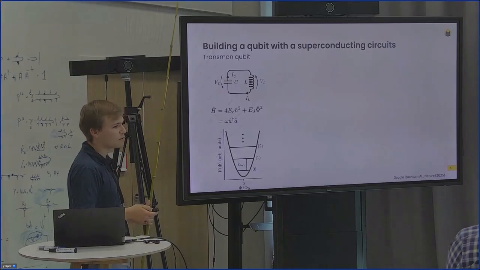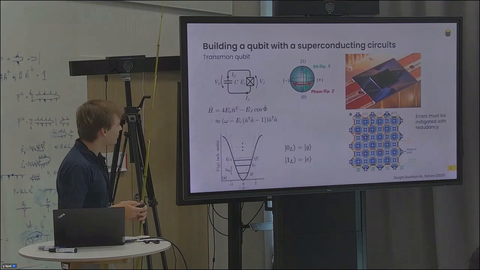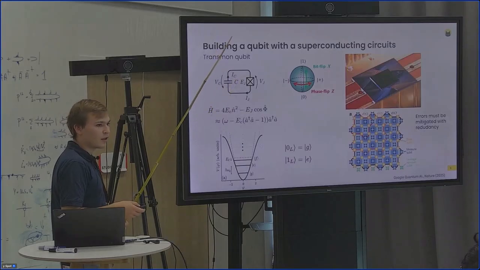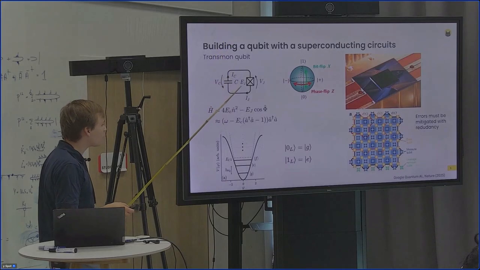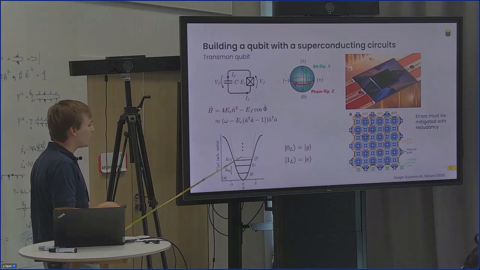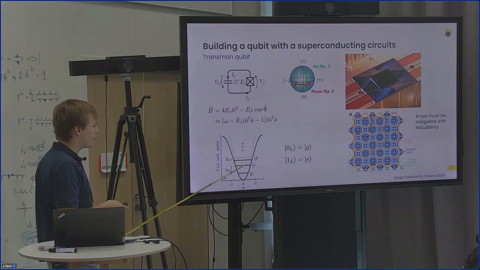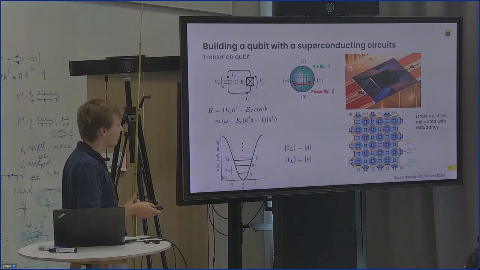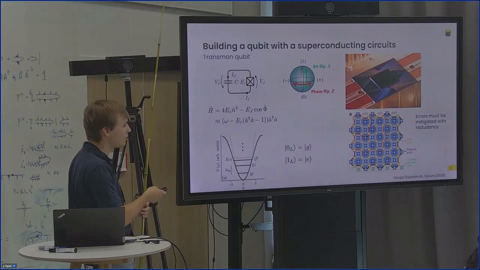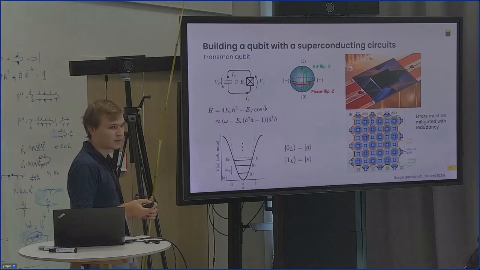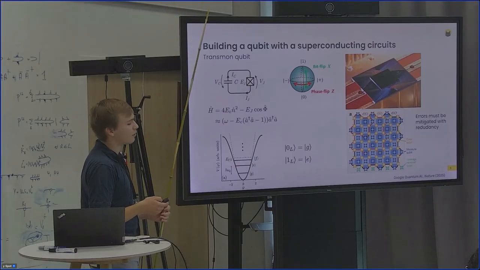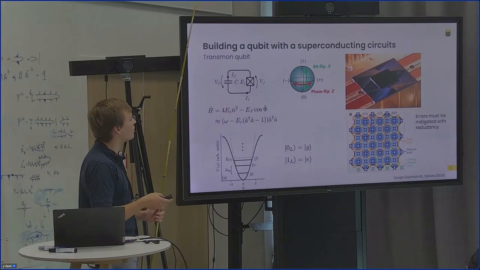So what you can do to prevent this is to replace your inductance by a Josephson junction to create some anharmonicity in the system, some nonlinearity, sorry, which will basically, as a first approximation, make it so that now your two first excited states have a difference of energy which is not the same as the other transitions. So you are able to isolate this transition and to actually have a two-level system, an effective two-level system that you can access. This is what has been used for most applications to build qubits based on circuit QEDs.